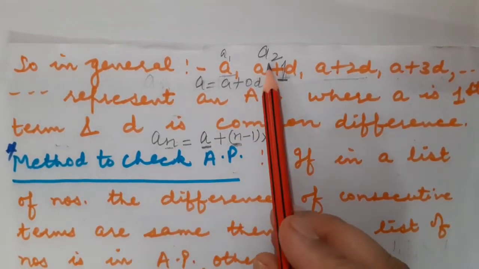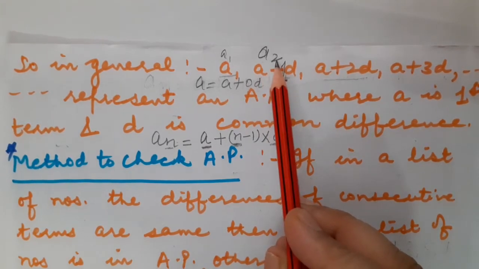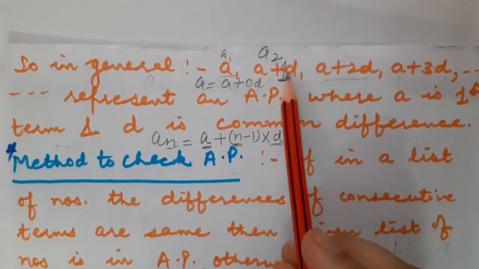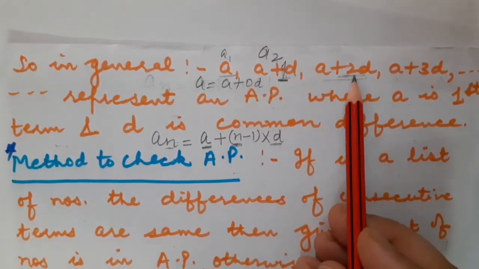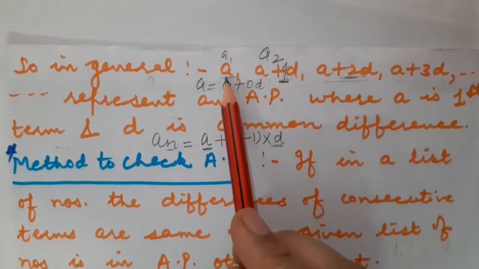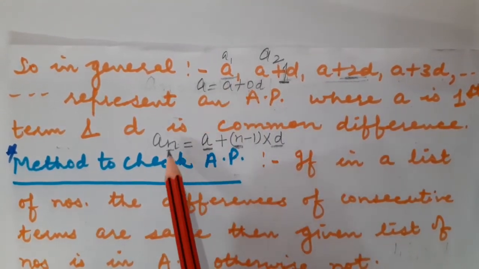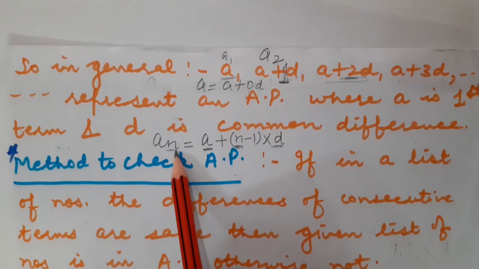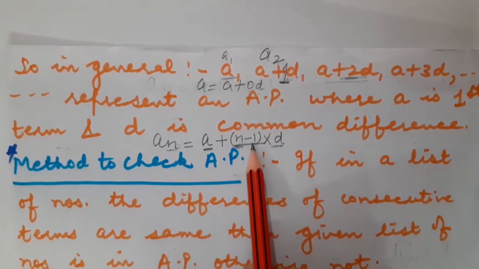When I wrote A2 in the generalized form, the numerical coefficient of D was 1. When I was talking about A3, the numerical coefficient was 2. And for A1, the numerical coefficient was 0. In the same manner, for the nth term of an AP, the numerical coefficient of D will be n minus 1.